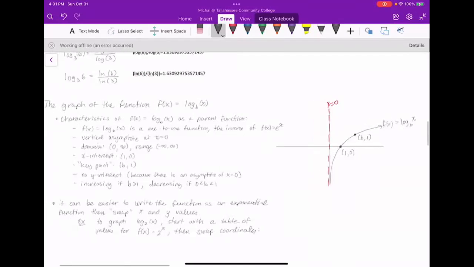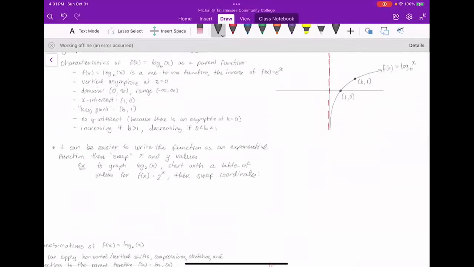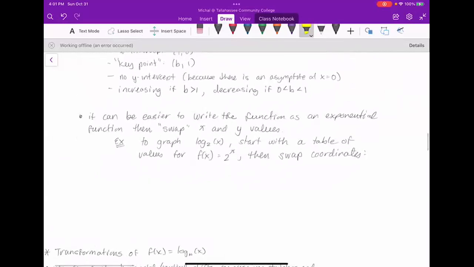All right. So one thing is if you are told to graph a function like log base 2 of x, sometimes it's easier to think about making a table of values for the exponential version of that, and then swap the x's and y's to get the inverse, right?